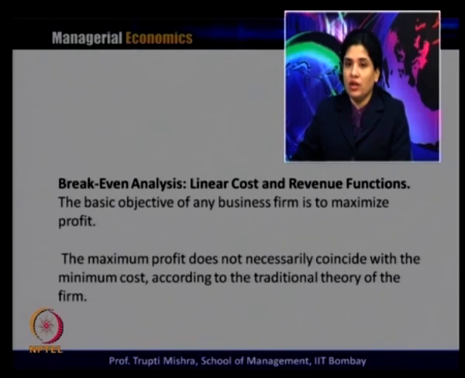So, the basic objective of any business firm is to maximize the profit. If you look at any economic agent, if there is an optimization problem, it is related either to the maximization of profit or to the minimization of cost. The basic objective of any business firm is to maximize the profit, but it is not that the maximum profit always coincides with the minimum cost.